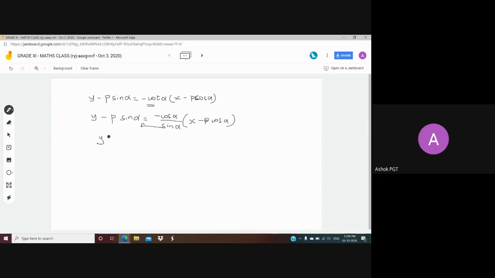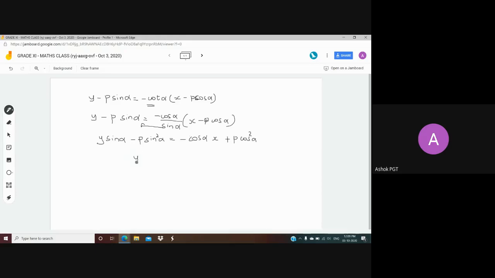So we get y into sin alpha minus p sin square alpha is equal to minus cos alpha, multiplying inside the bracket, so minus cos alpha into x plus p into cos square alpha.